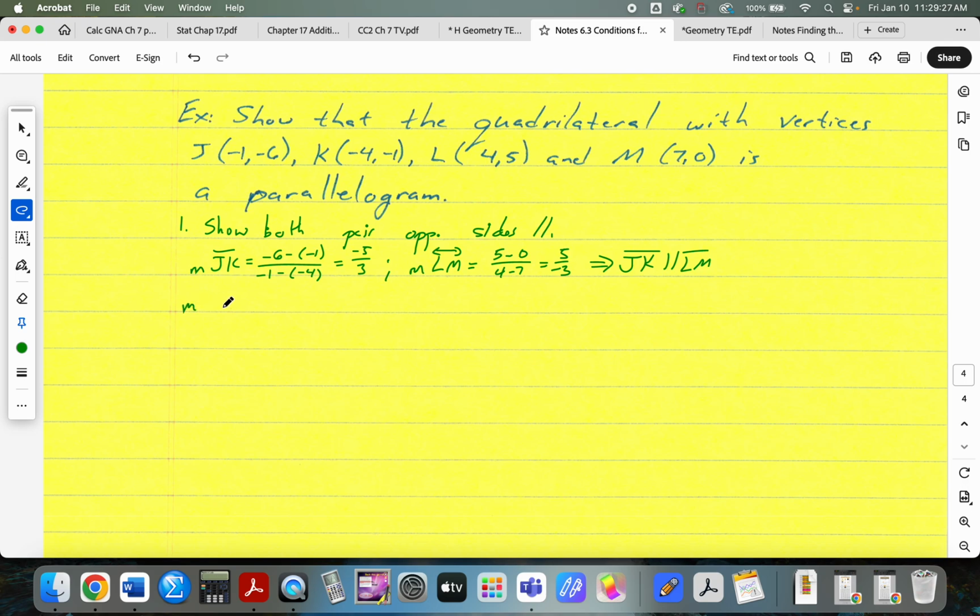All right, then the slope of KL is going to be -1 minus 5 over -4 minus 4, which is -6 over -8, which is 3/4.